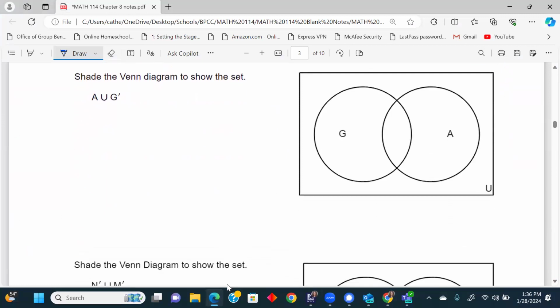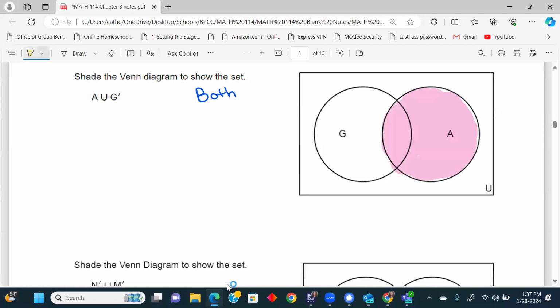So this is a U, it's a union. So we want both. It's not just the overlap, it's both. So we want A. Okay, so A is inside the circle here. It's a union. Both parties are bringing all their stuff.